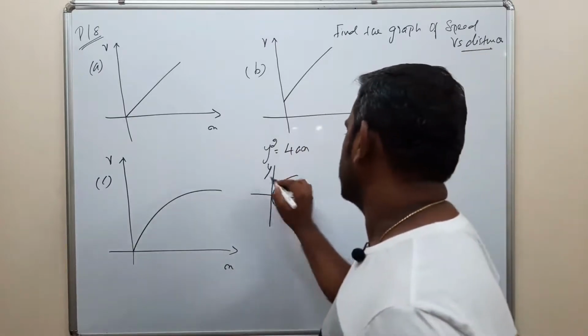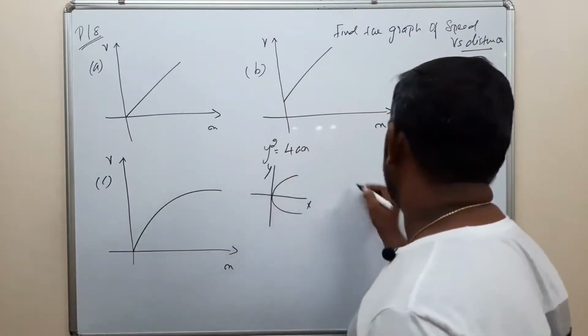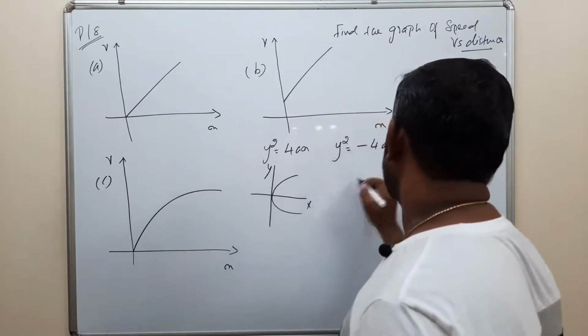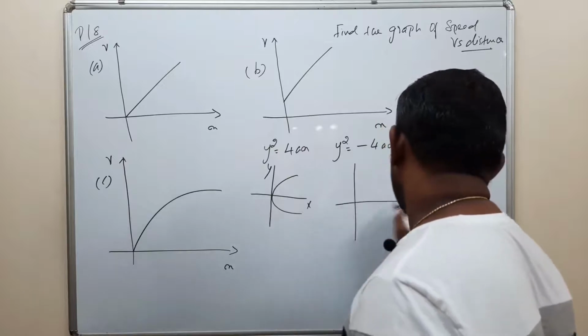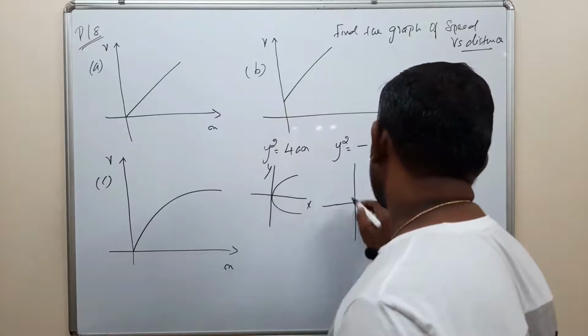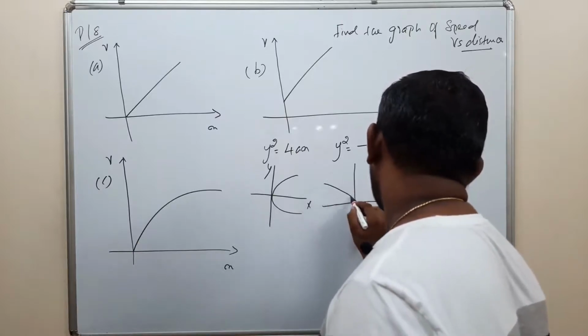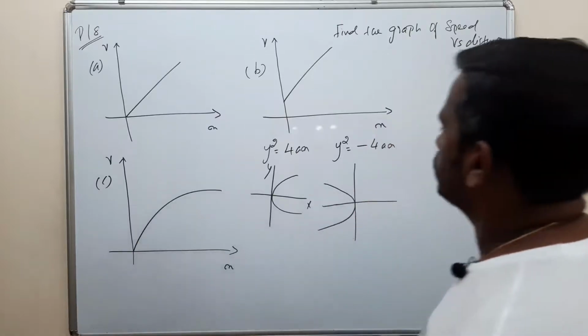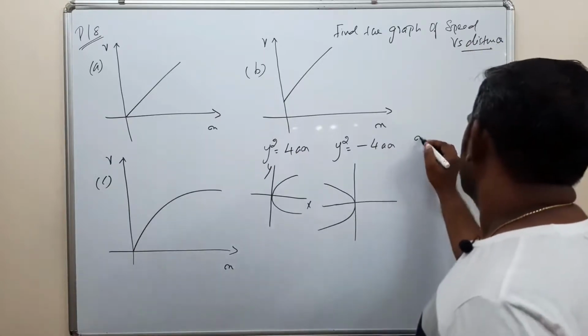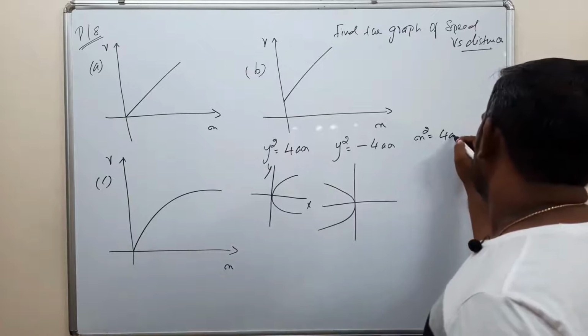This is the y axis and this is the x axis. Then y square is equal to minus 4ax parabola. Then x square is equal to 4ay.